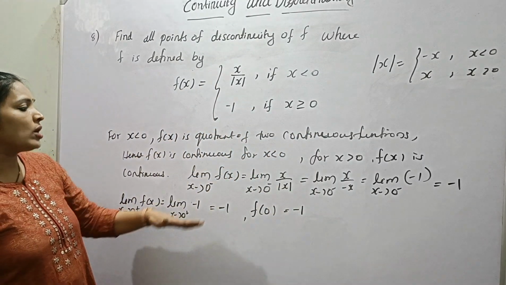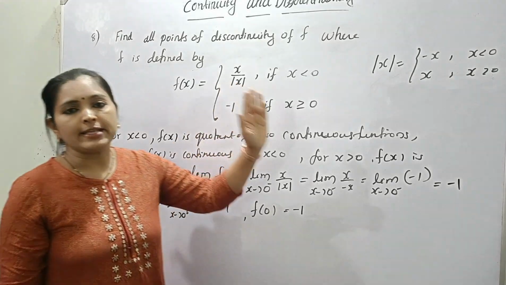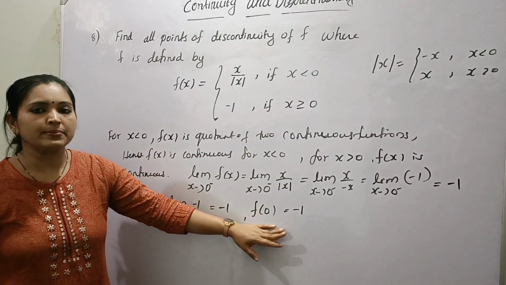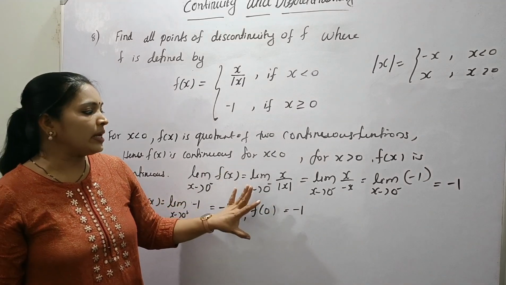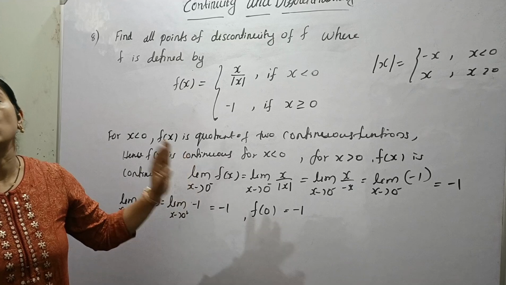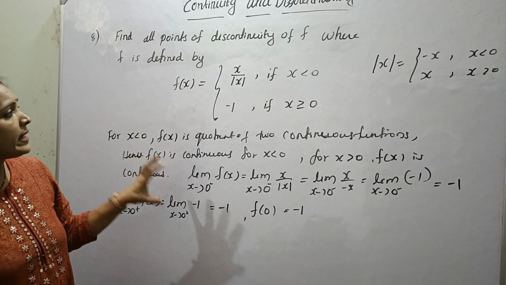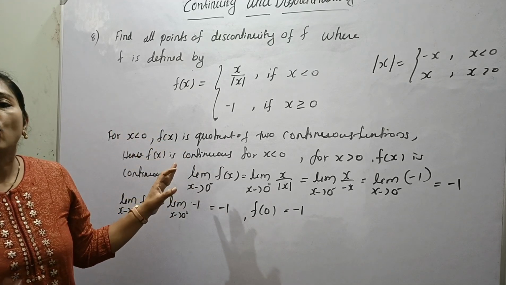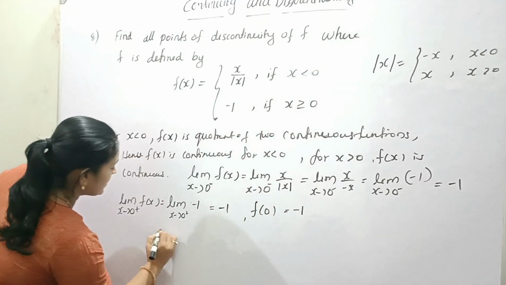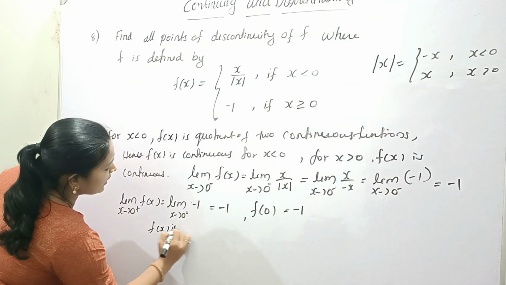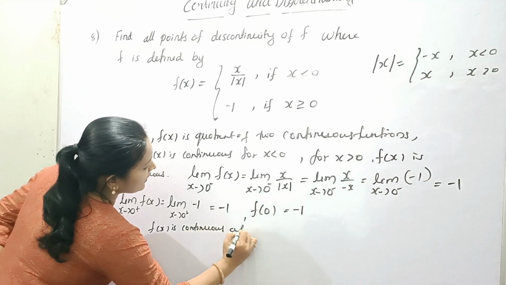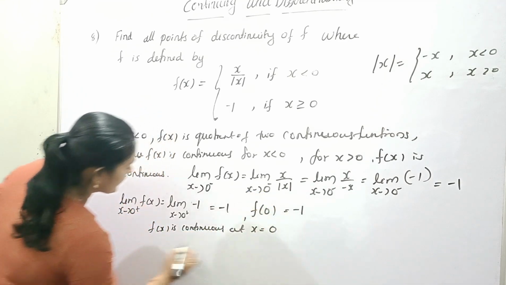See, here we have got left hand limit equal to right hand limit equal to value of the function, that is minus 1. So here we can say this function is continuous at x is equal to 0. So this function f has no point of discontinuity. So here we write f of x is continuous at x is equal to 0.